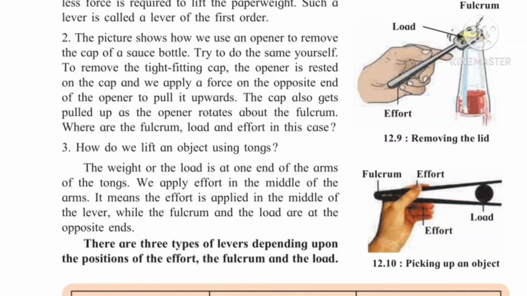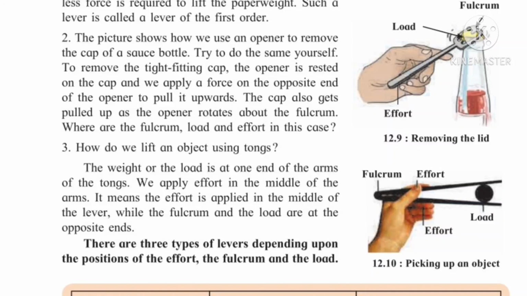That is the load, that is the weight. And to the other end of the opener we apply the force, so that is the effort. So here the fulcrum is at one end, the load is at the center and the effort is at the other end. Understood? So it is a second order lever.